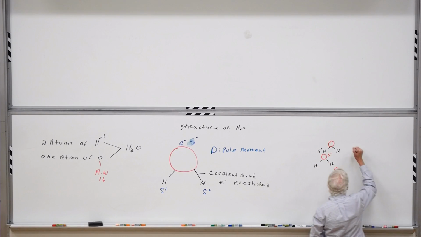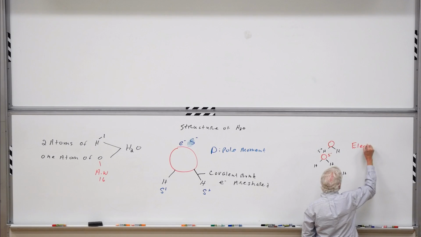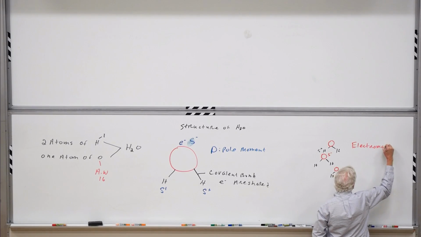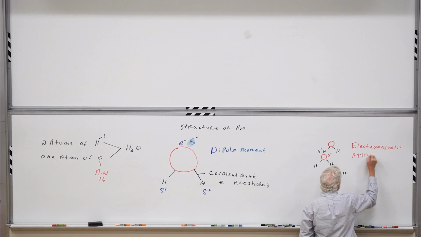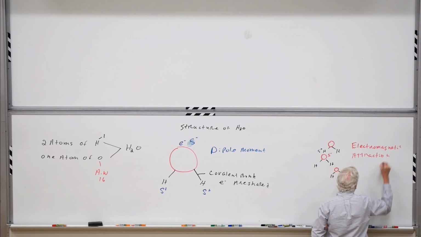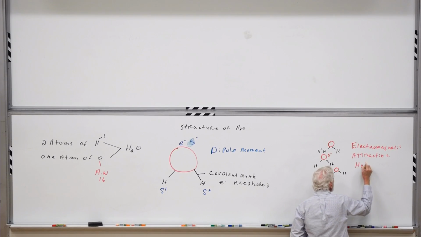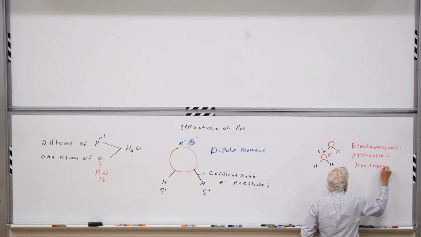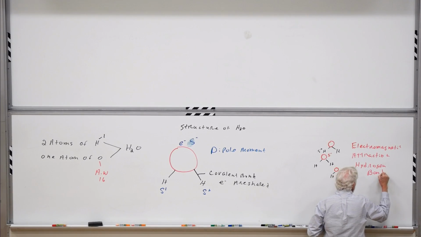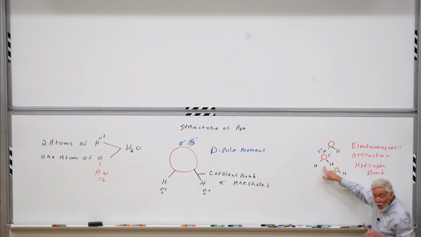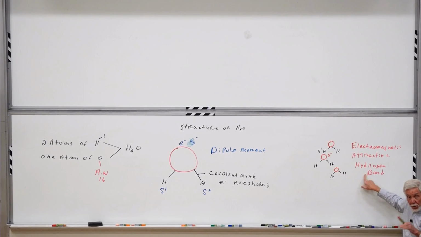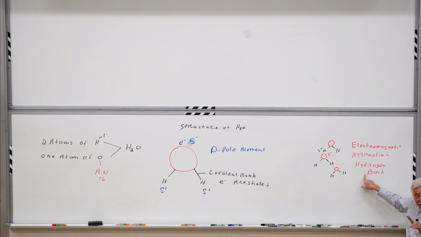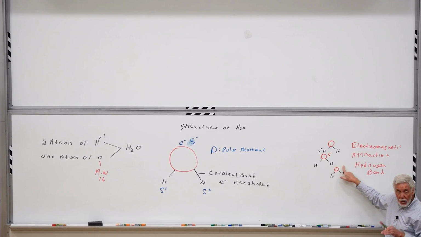This electromagnetic attraction has a name. It's called a hydrogen bond. So again, the covalent bonds are electron sharing. The hydrogen bonds are simply due to the electromagnetic interaction between the ends of the molecule.